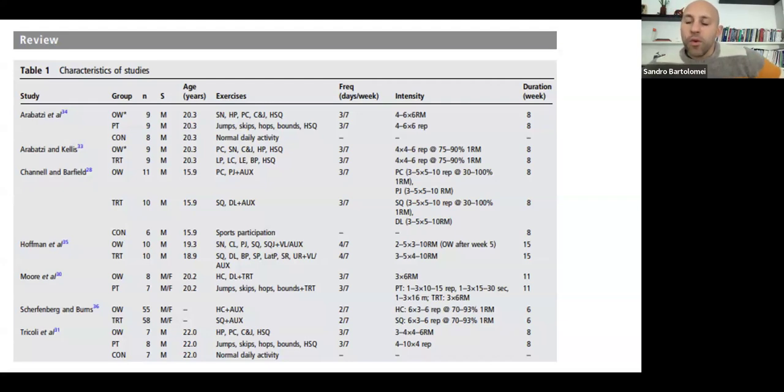So when you perform weightlifting exercises, the power production is always very high. In squat, depending on the load, the intention, the explosive intent, the amount of power can be really different. So it depends.